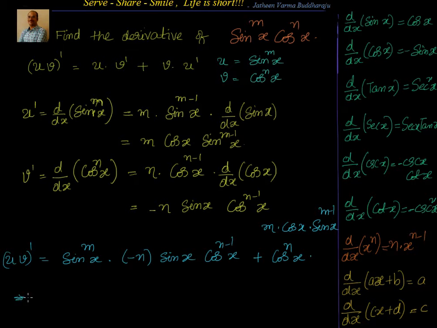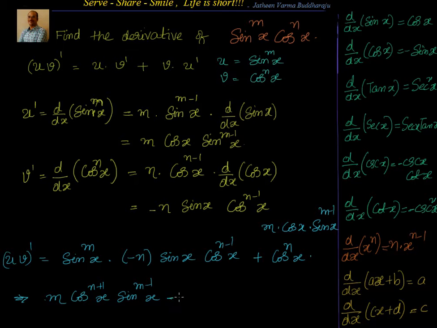That's what we have. Now let's try to simplify this. First I'll start with the second term: m cos x into cos nx is nothing but cos (n plus 1)x. So I can write it as m cos (n plus 1)x multiplied with sine to the power of m minus 1 x.